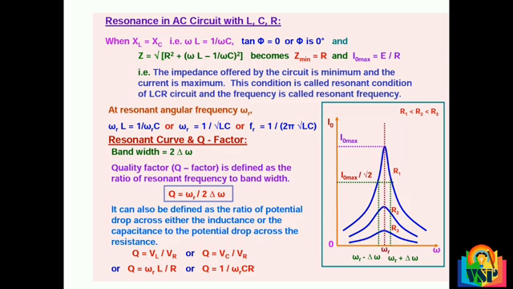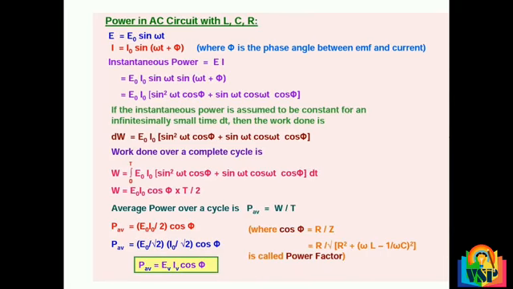Q factor can also be defined as the ratio of resonant frequency to the difference in two frequencies taken on both sides of the resonant frequency, such that at each frequency the current amplitude becomes 1 by root 2 times the value at resonant frequency. Mathematically, Q is equal to omega R divided by omega 1 minus omega 2.